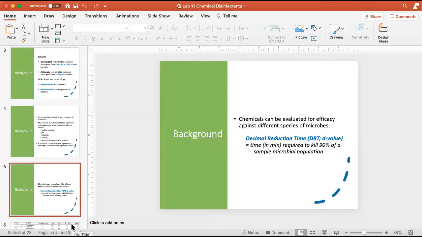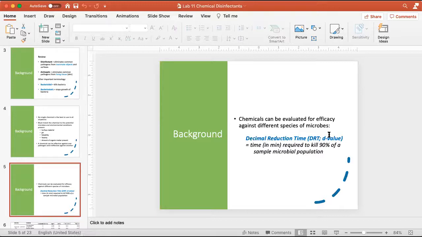So when a chemical comes to market, if it wants to get labeled as a disinfectant, at least in our country, it has to go through certain testing processes in order to be able to put that word on the label. There are a couple of different ways that these tests are conducted, but one of the most common generates a number called the decimal reduction time.